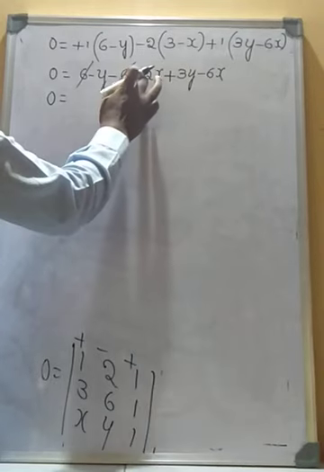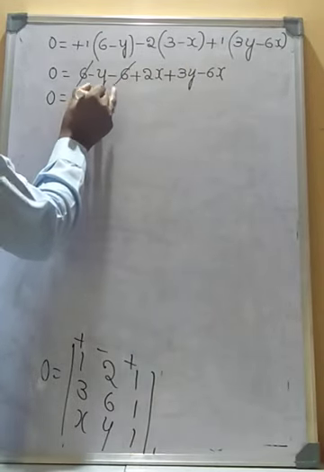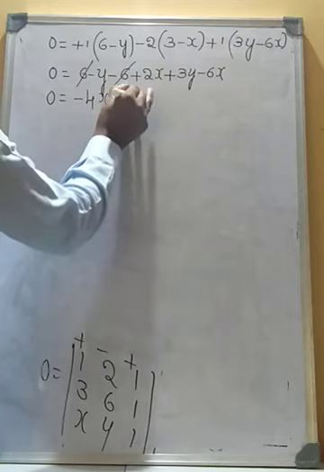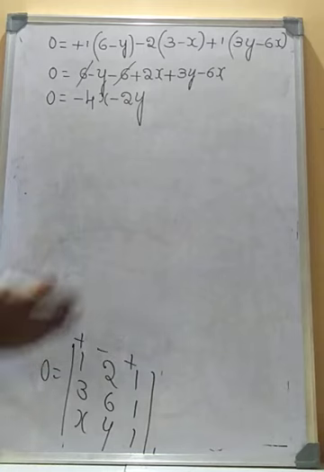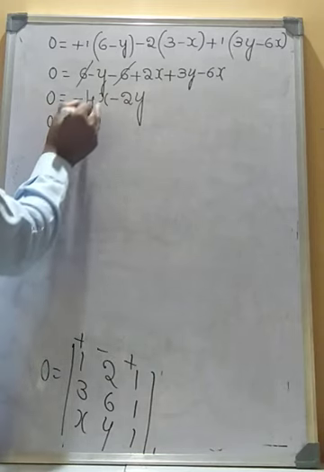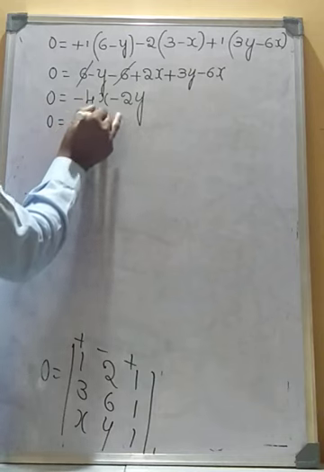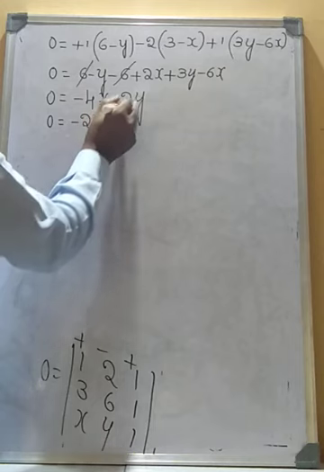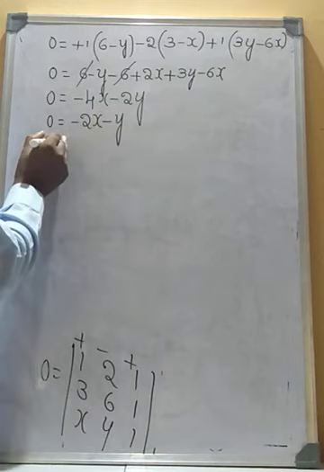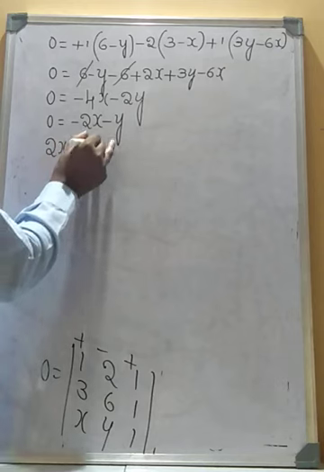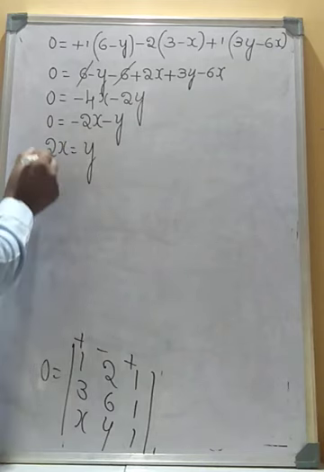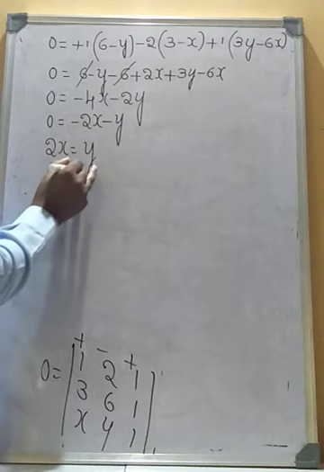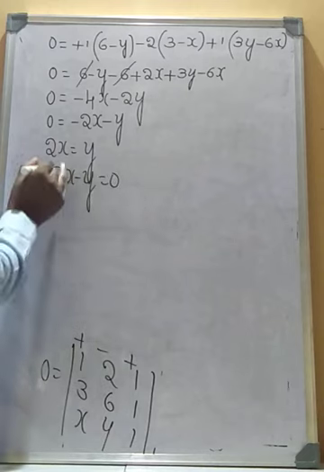So minus 6x plus 2x becomes minus 4x, and 3y plus 3y minus y becomes 2y. Or we can write this as 2x is equal to y, or 2x minus y is equal to 0.